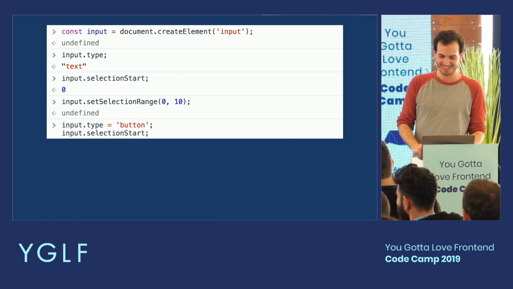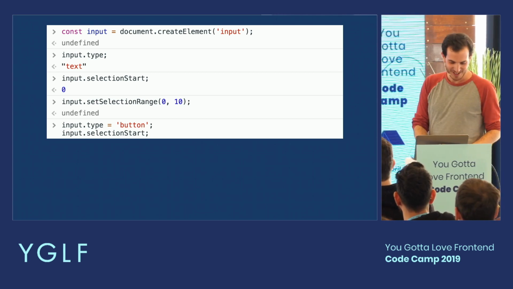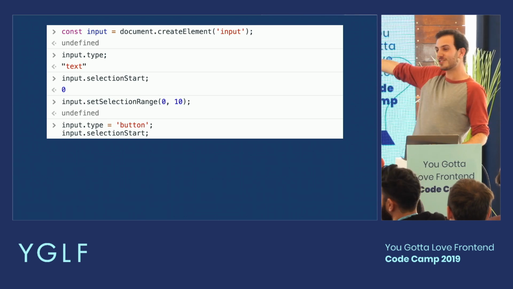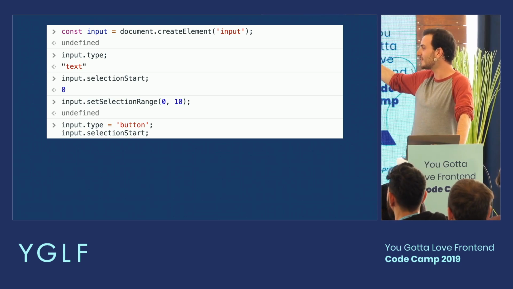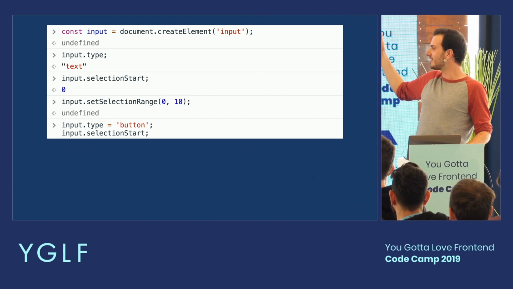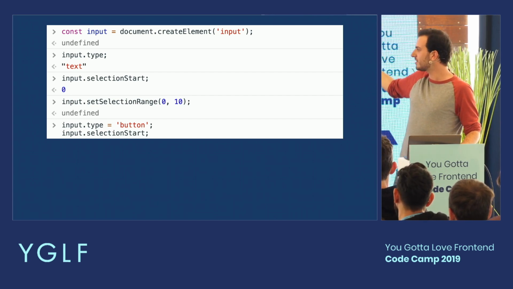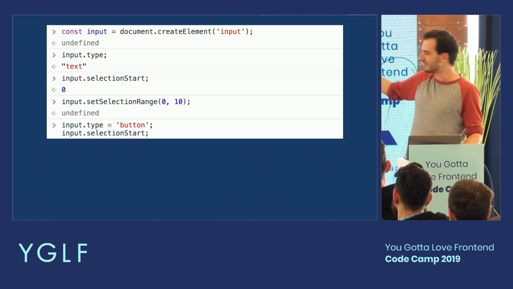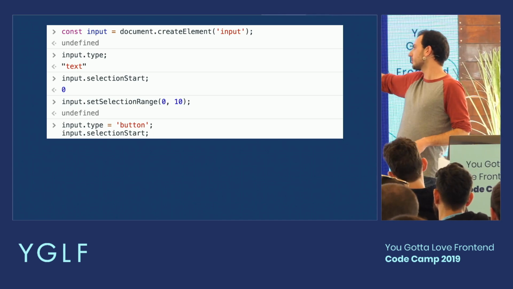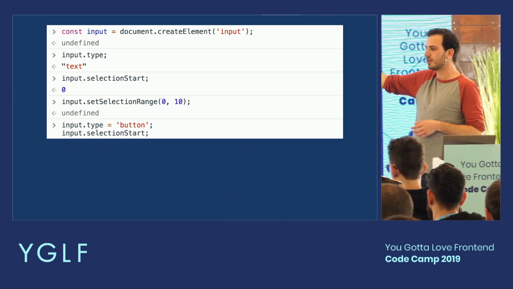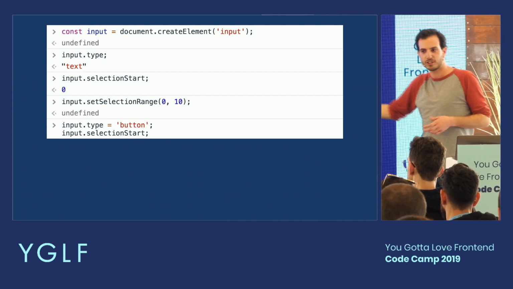All right. Oh, no, I lost my track. Okay. So what I wanted to say here is that, interestingly enough, when I first saw this example, and this is only a few years ago, at the time, if you used the button and you tried to get selection start, you would actually get a DOM exception.